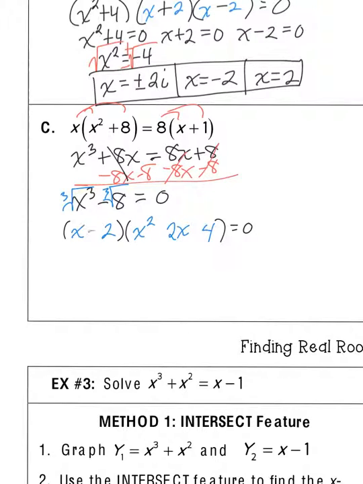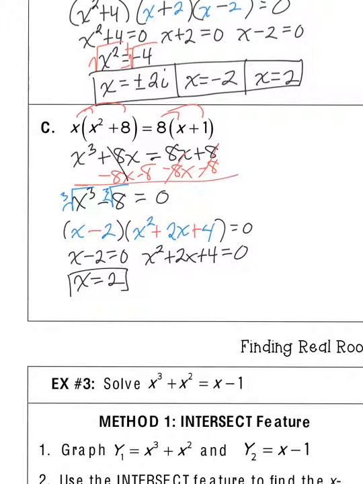My signs, remember, same sign, opposite sign, always positive. So I can actually set x minus 2 equal to 0 and x squared plus 2x plus 4 also equal to 0. Because remember, this cannot be factored. We'll talk about what to do with this in a minute. But this right here is going to give me one of my solutions if I add 2 to both sides.